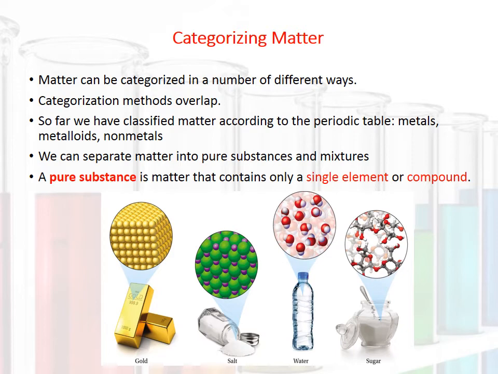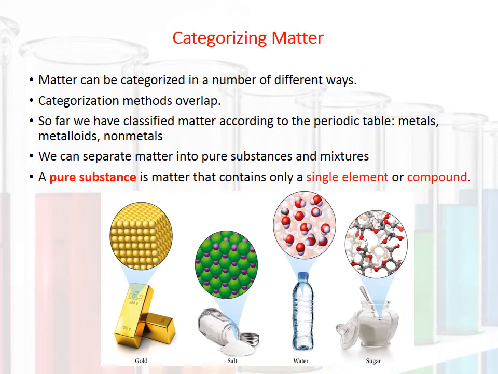A simple example of a compound is the salt we put on our food, which is made up of sodium and chlorine atoms in equal proportions. Sodium chloride. A second example of a compound is water, which is made up of hydrogen and oxygen, always 2 hydrogen atoms to every 1 oxygen atom.